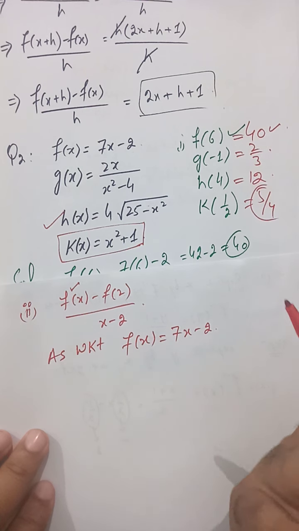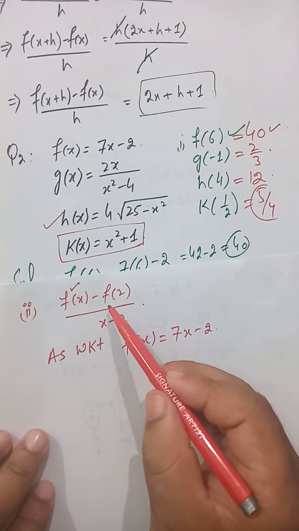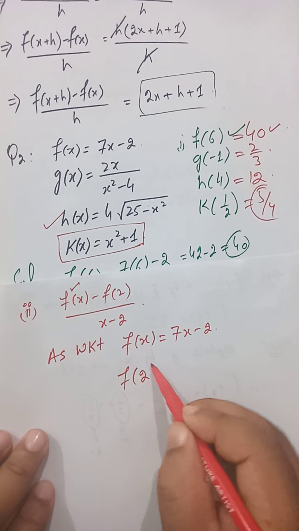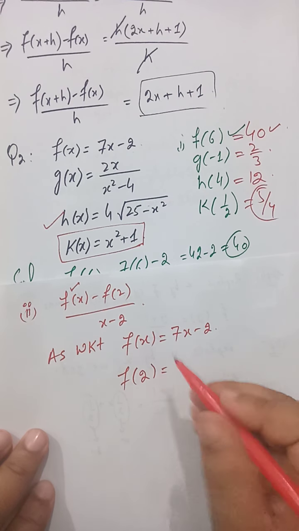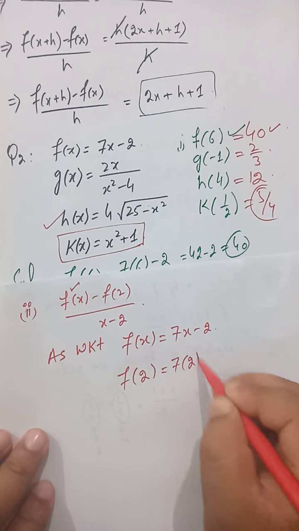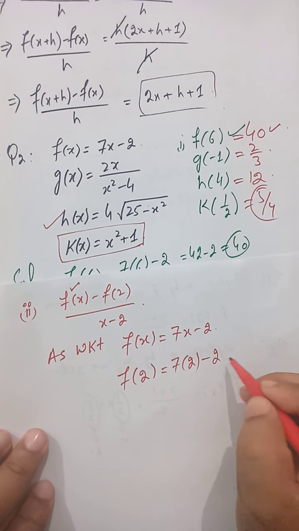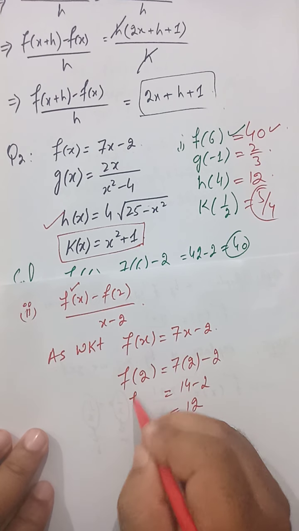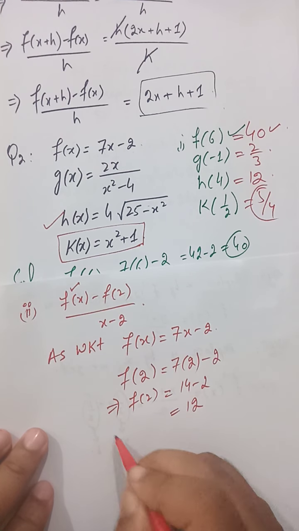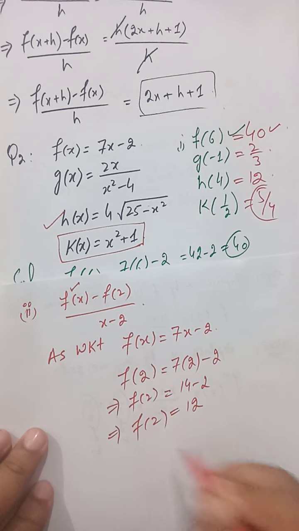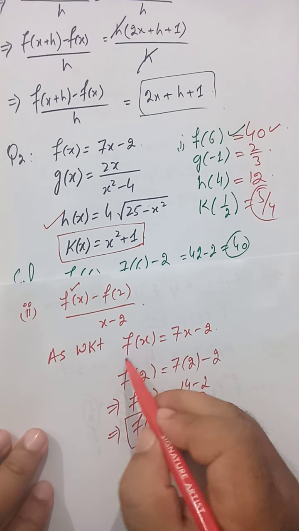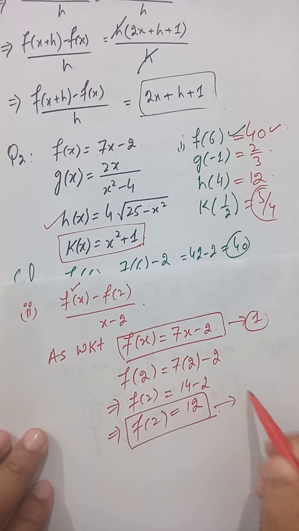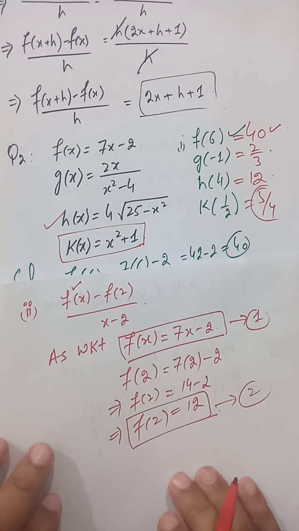X minus 2 will remain as it is, and you need to calculate f of 2. So just replace x by 2. So 7 multiplied by 2 is 14 minus 2, which is equal to 12. So f of 2 is equal to 12.